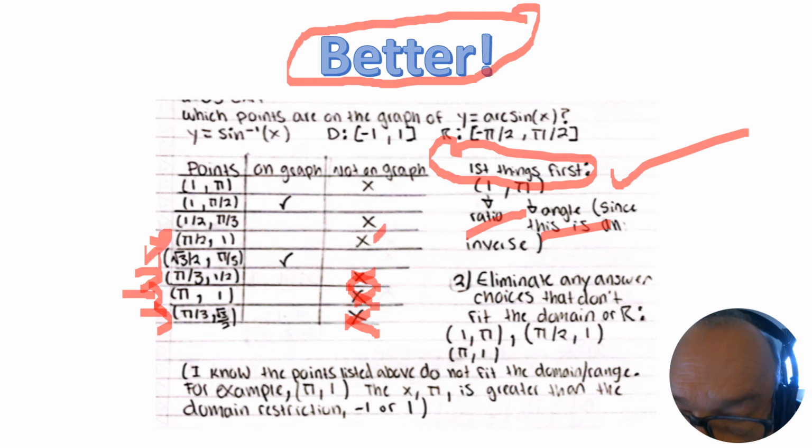So that leaves you the 1/2, pi over 3 and the 1, pi. And the reason they're eliminated is they go to the wrong value. It should be 1, pi over 2 and 1/2, pi over 6. And then you do the correct ones, and you can use the table for that.